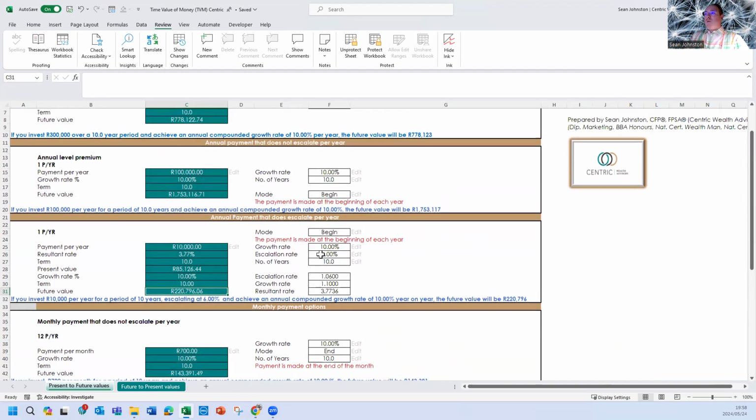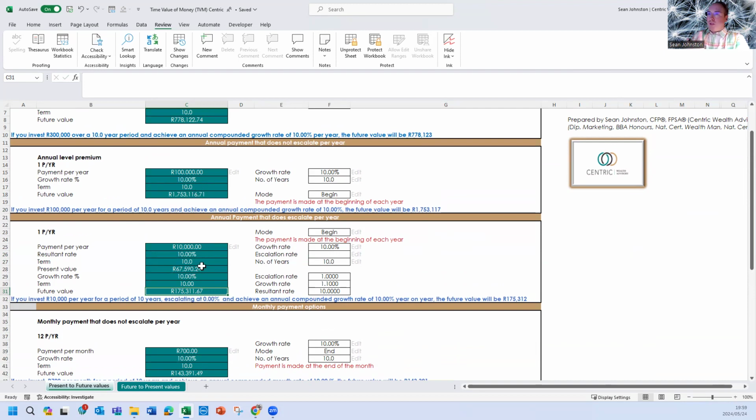But what's important to note is that when you're adding escalations to your contributions, you generally will have a higher future value. Why? Because you are increasing your contributions. If I were to turn this off, you would see this is exactly the same, because there's no escalations, you're performing exactly the same calculation.